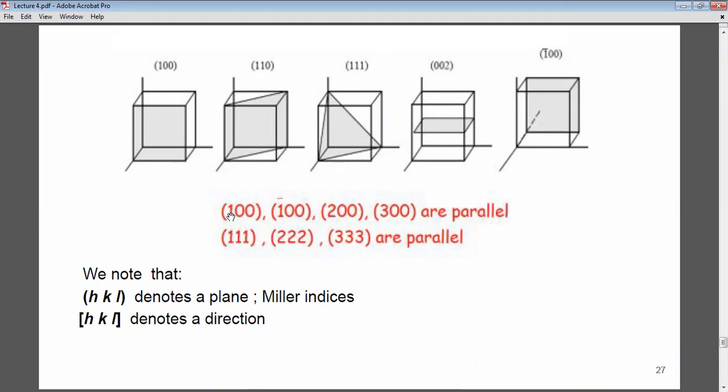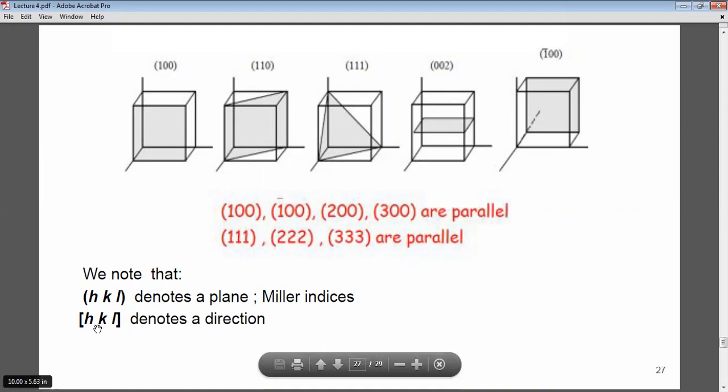Now (100), (1 bar 0 0), (200), (300) are all parallel to each other. (111), (222), (333) are all parallel to each other. (002), (001), (003), (004) are all parallel to each other. We note that (hkl) with round brackets denotes a plane, Miller indices, and [hkl] with square brackets denotes a crystal direction.